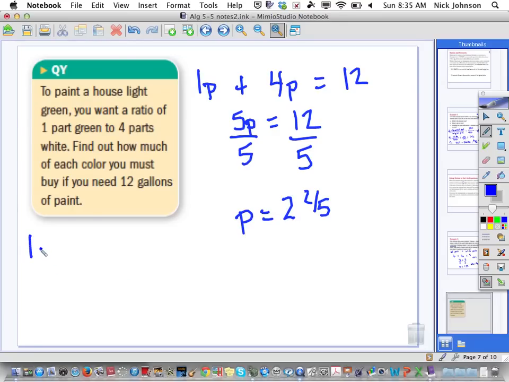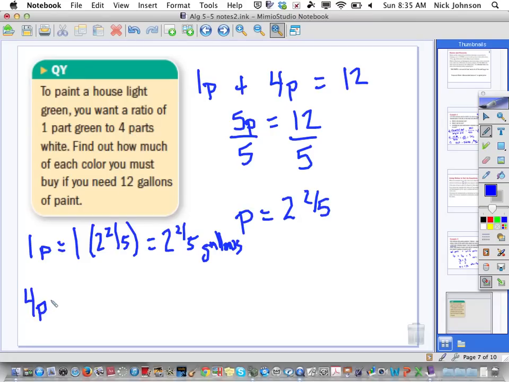So 1 times p for my green is 1 times 2 2/5, which is equal to 2 2/5 gallons of paint. Okay? For my 4 parts white, this was green, this was white, I have to take 4 times 2 2/5.